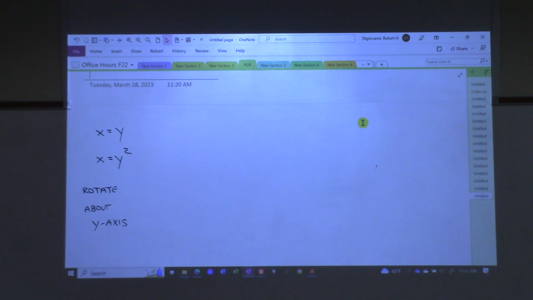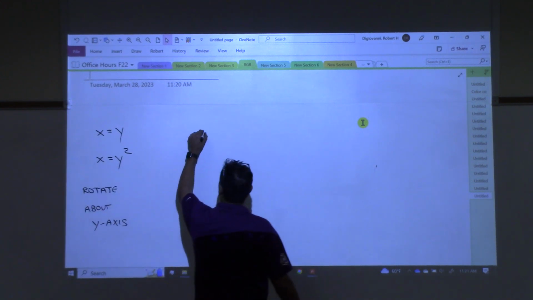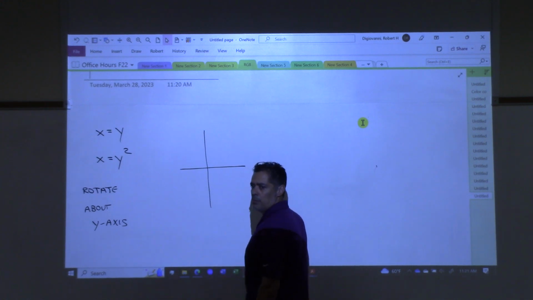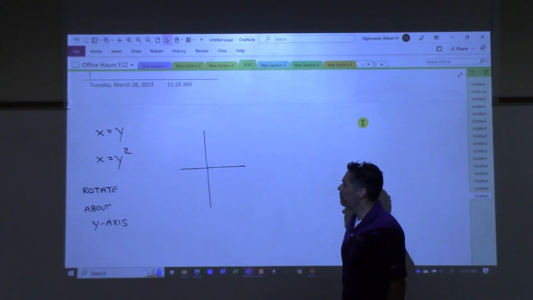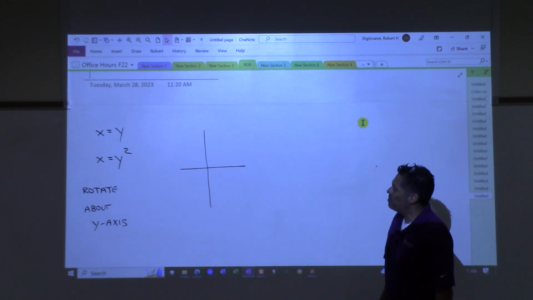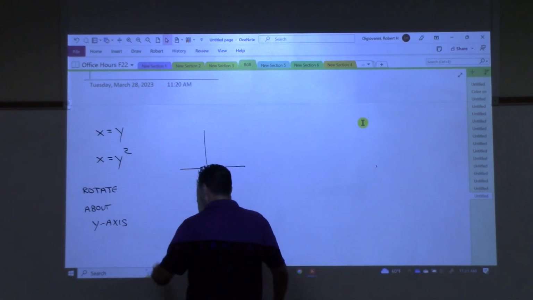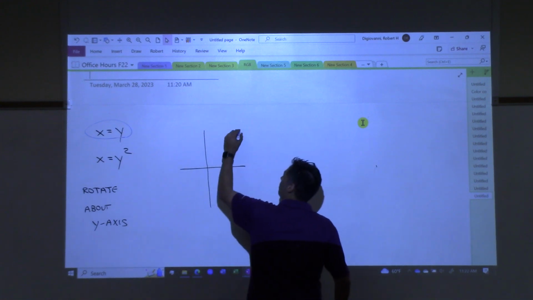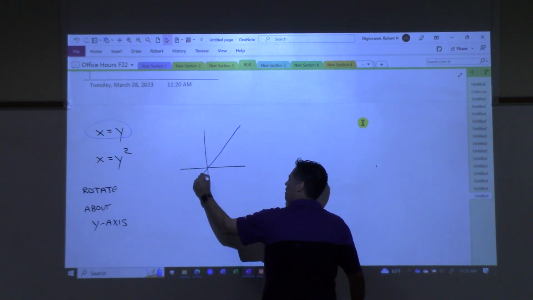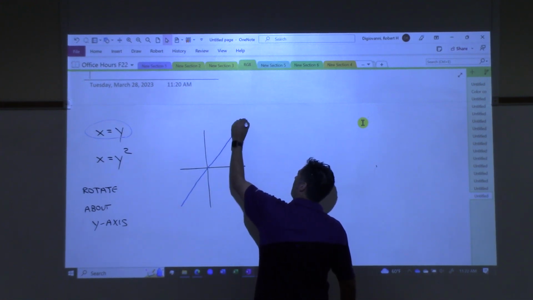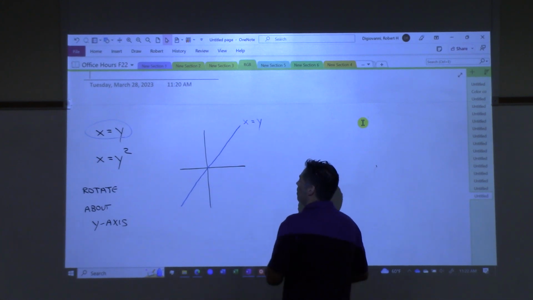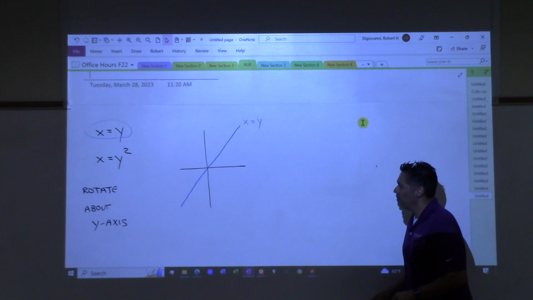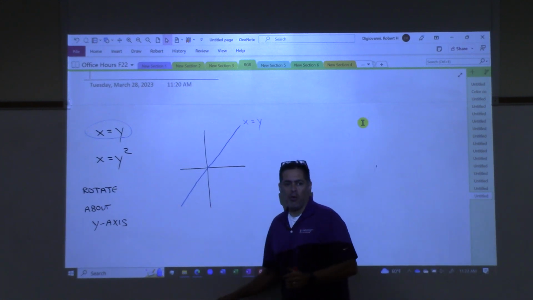So let's draw the picture first. Also, is this 7.2? Still 7.2. Yep. So x equals y is still the diagonal line. I'll put x equals y. And then x equals y squared is a parabola that opens sideways.